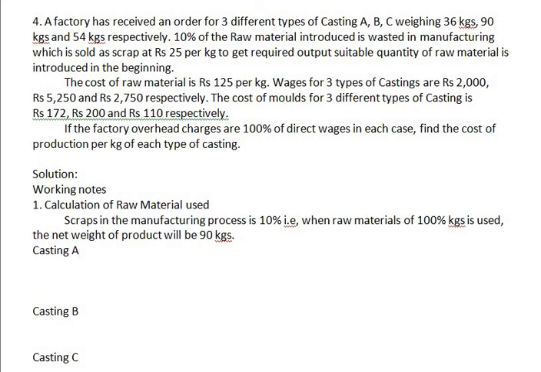Now next line, casting A. When the net weight is 90, the raw material used will be 100.